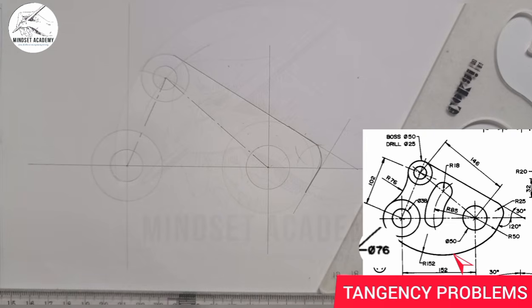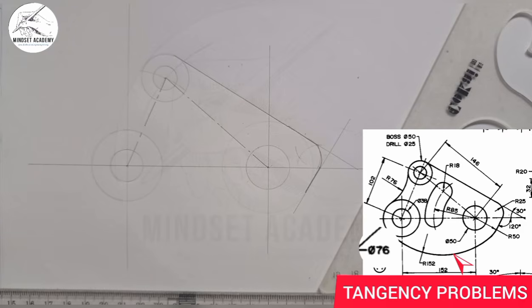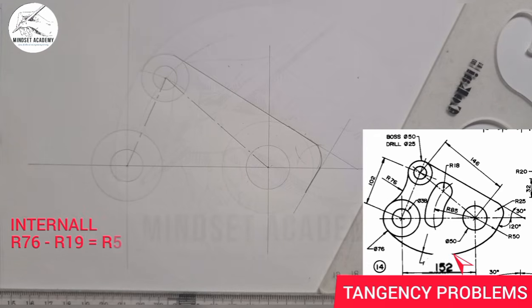And 38 divided by 2 again, I'll be having what? 19. So the radius I'll be using here will be 19. Then if I divide 152 by 2, I'll be having 76, right? So I'm going to subtract 19 from 76. So if you subtract it, you'll be having what?